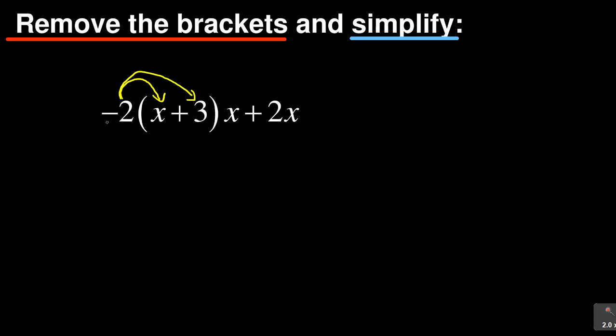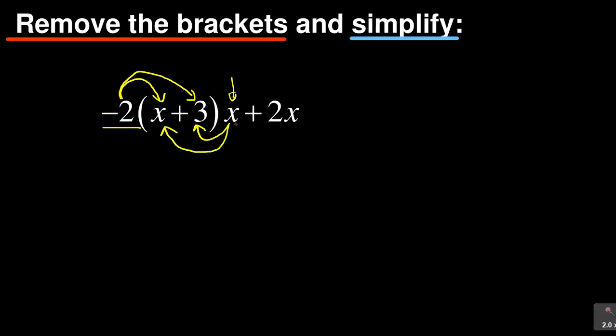That is what they mean when they say remove the bracket. But not only this negative 2, after the bracket we also have this particular x, which is affecting that and which is also affecting that.